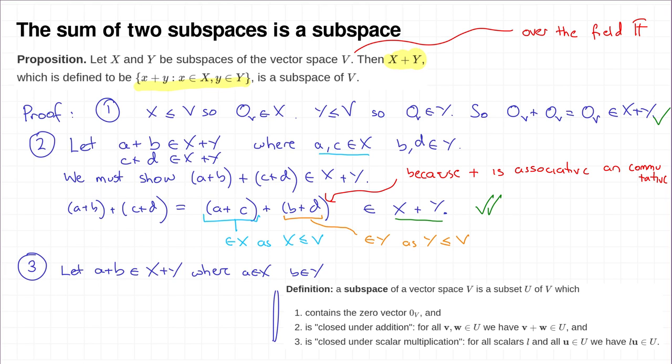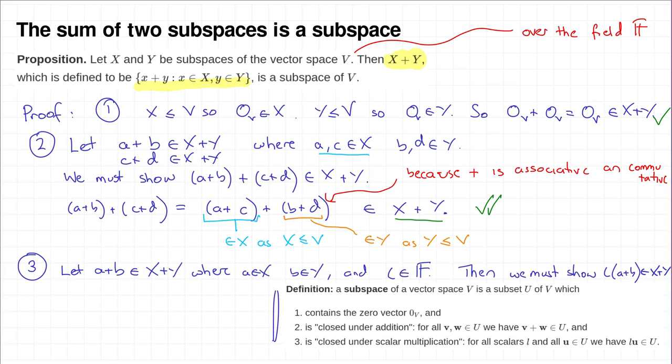But in any case, in order to show that X plus Y is closed under scalar multiplication, I have to pick an element of X plus Y and an element of that field. So as usual, let's call it l. Then what I have to do in this final step is to show that l times (a plus b) is an element of X plus Y.